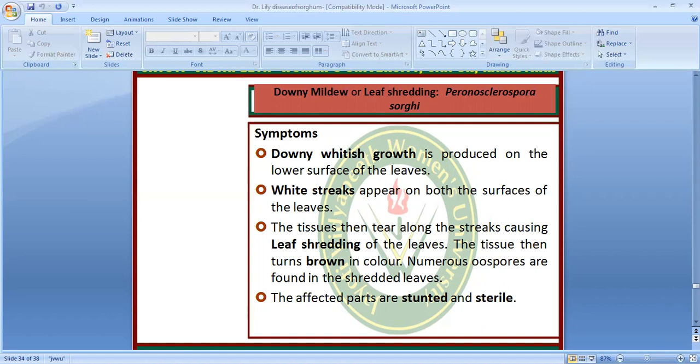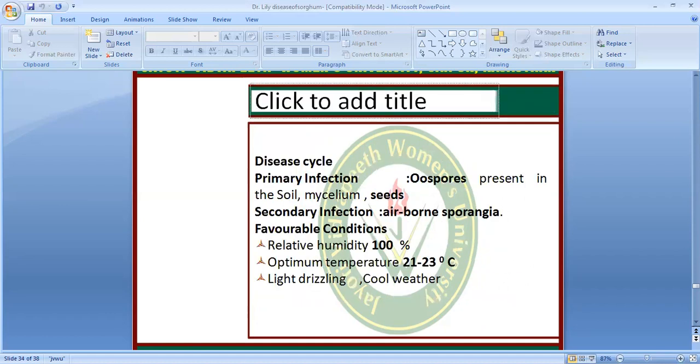The tissues then tear along the streaks, causing leaf shredding, or the tissues turn brown in color and we see numerous oospores among the shredded leaves. The plants remain stunted and sterile. Disease cycle: primary infection is through spores present in the soil, mycelium, and seed. Secondary infection is through airborne sporangia, and favorable conditions are relative humidity of 100%, optimum temperature 21 to 23 degrees centigrade, light drizzling, and cool weather.